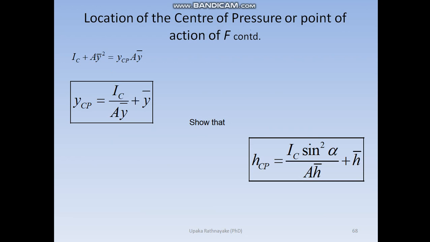What is I C? The second moment of area of the object at its centroid. What is h bar? It is the height from the free surface to the centroid. So we have two simpler equations for the hydrostatic pressure force and the location of the pressure force. We know the direction, it is perpendicular to the surface. So we have completed our analysis.